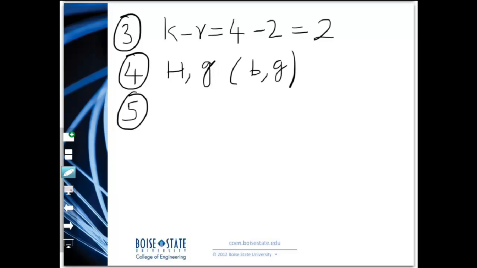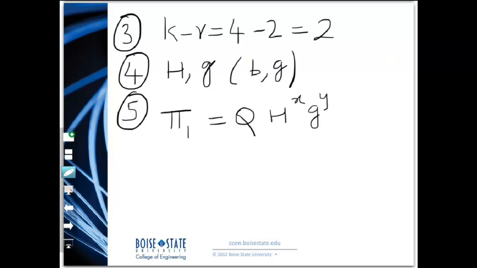So step 5 is forming these pi groups. So pi 1 would be Q, H raised to some power x, G raised to some power y. You will end up with 2 equations and 2 unknowns in this case if you follow the first example.